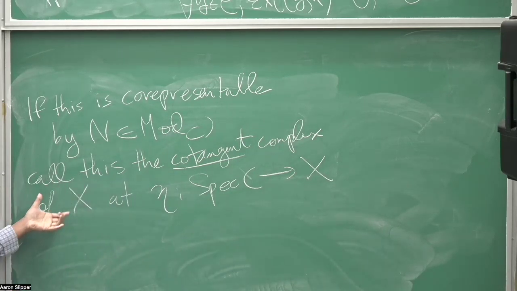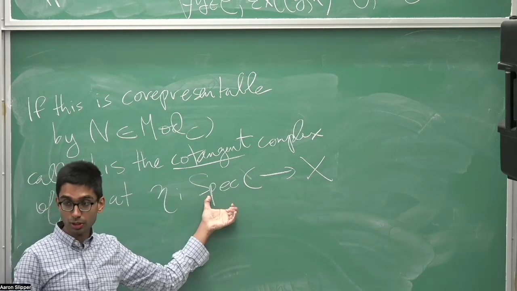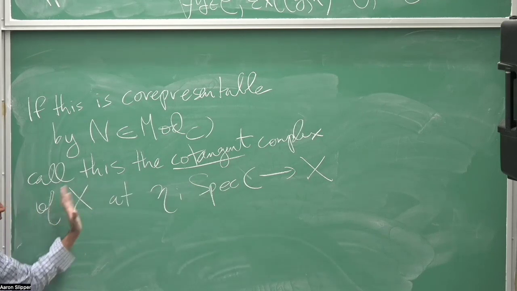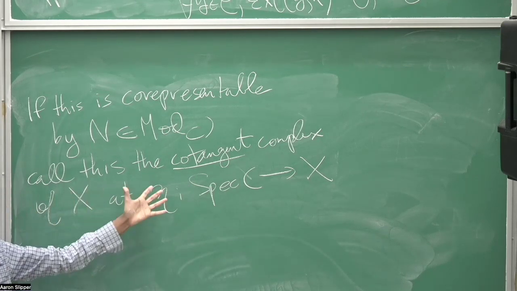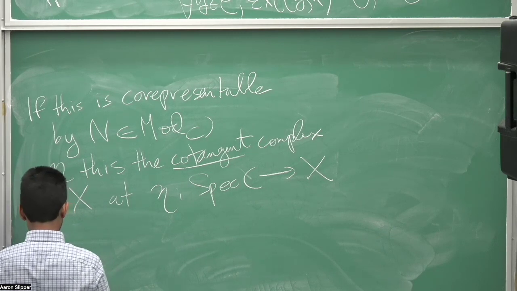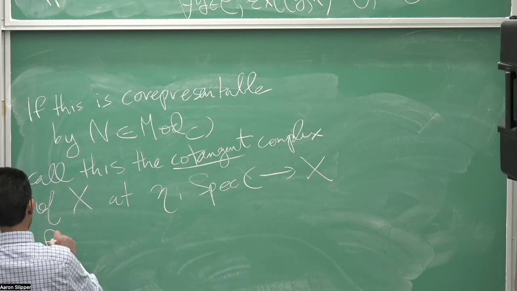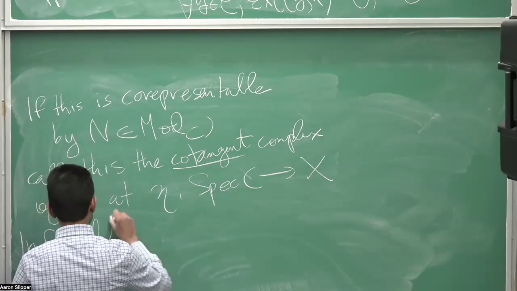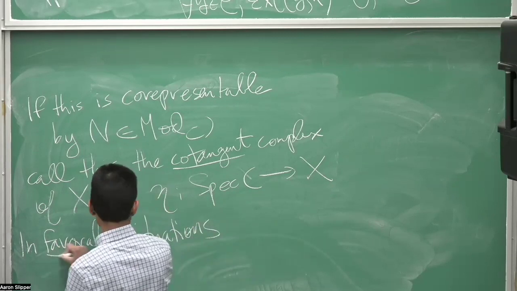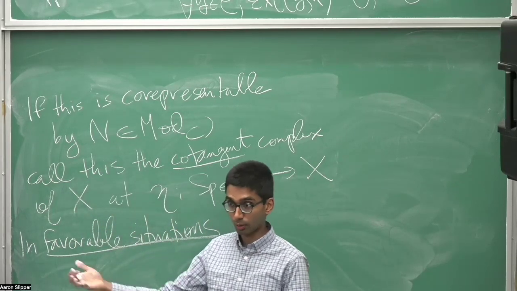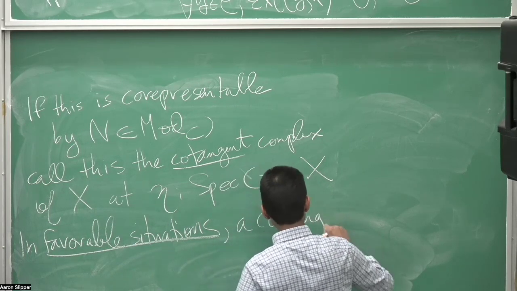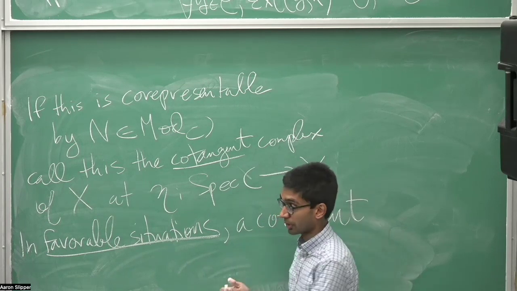So this is the cotangent complex of X at a given point, which is an object of C modules. So in favorable situations, you can glue them over all points, and then you would get a quasi-coherent sheaf on X. So for reasonably nice X, for example an Artin stack or an n-Artin stack, the cotangent complex of X will exist at all points, and they'll be compatible with each other.